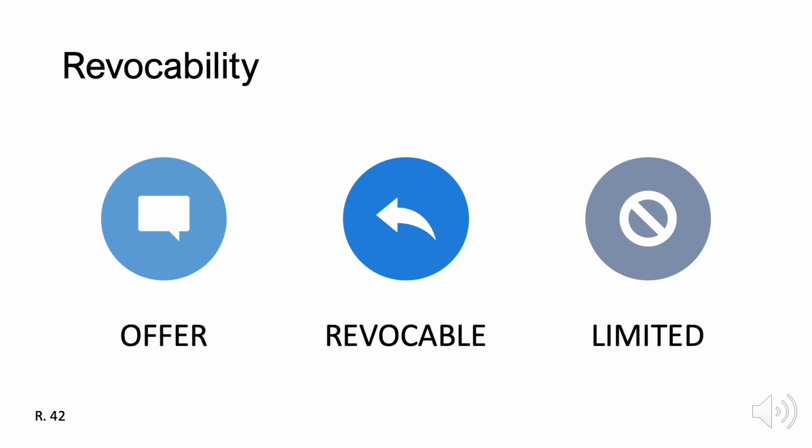The offeror, the person who makes the offer, is the master of the bargain. This means the offeror sets the terms of the bargain and also has the power to determine how the offer can be accepted and even to revoke the offer so it can no longer be accepted.